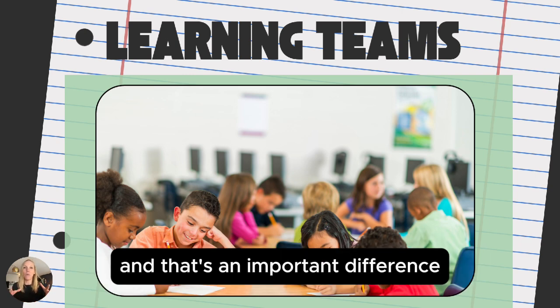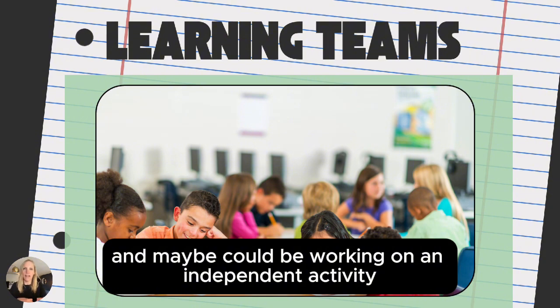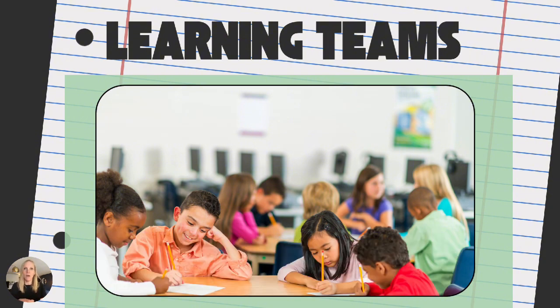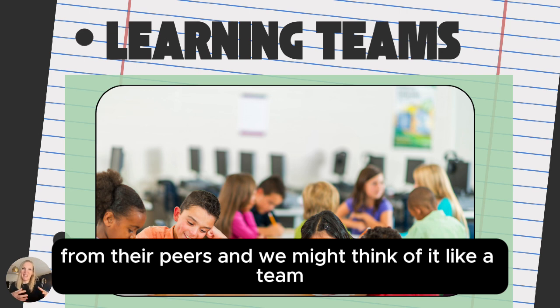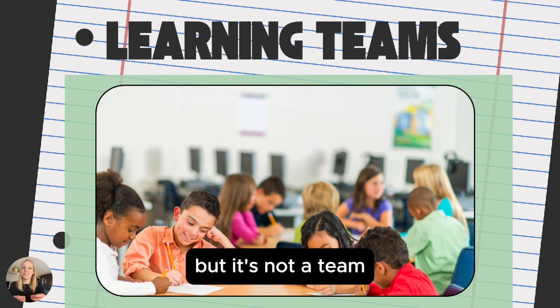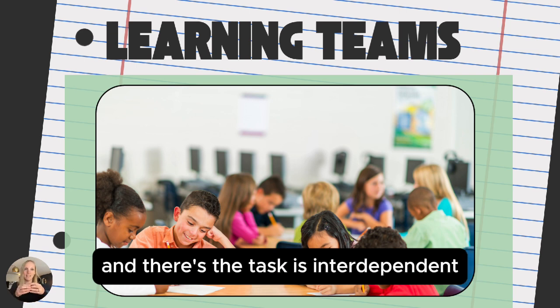And that's an important difference because we can put students at the same table and they could be working on an independent activity, but they could be receiving social support from their peers. And we might think of it like a team, but it's not a team unless there's an established shared goal and the task is interdependent.